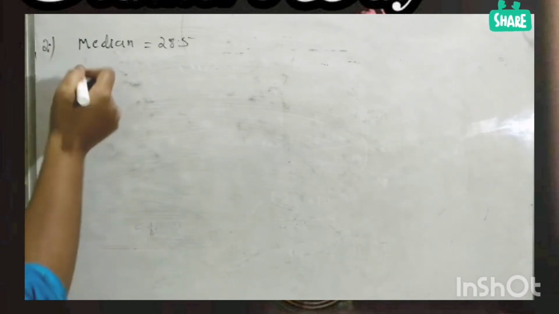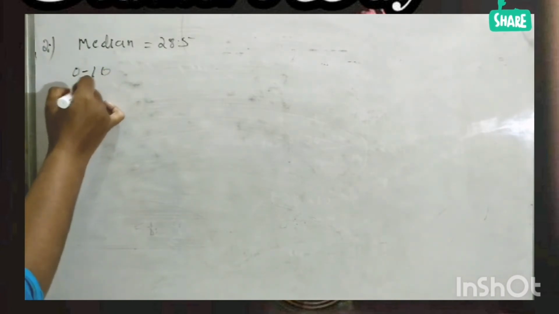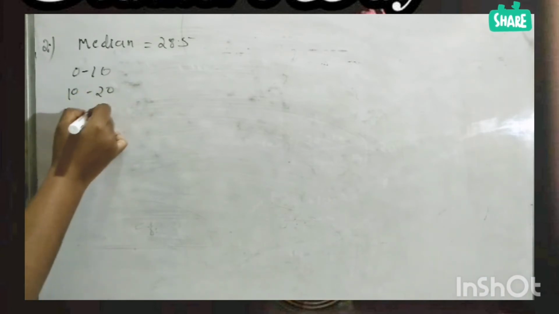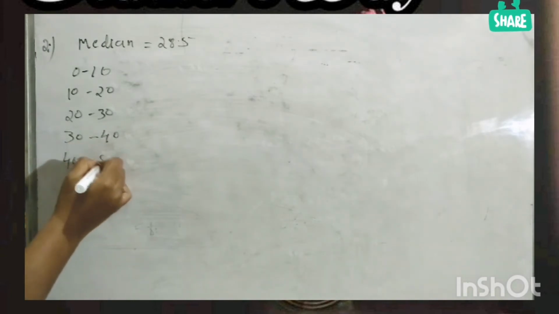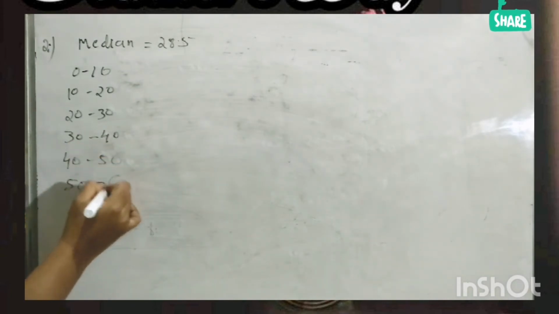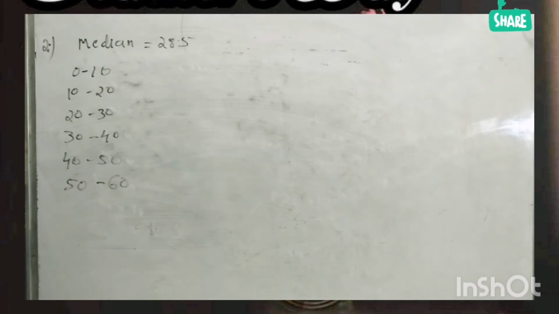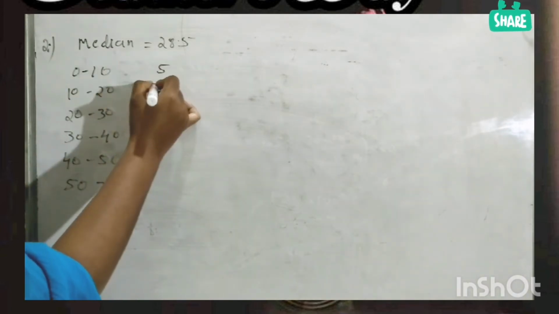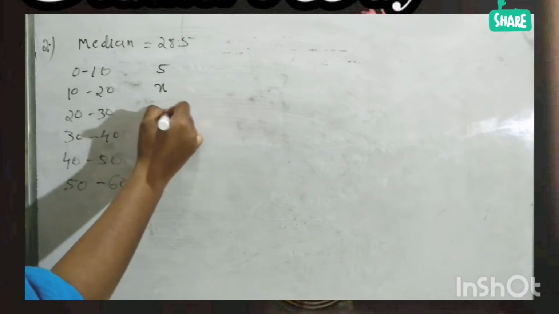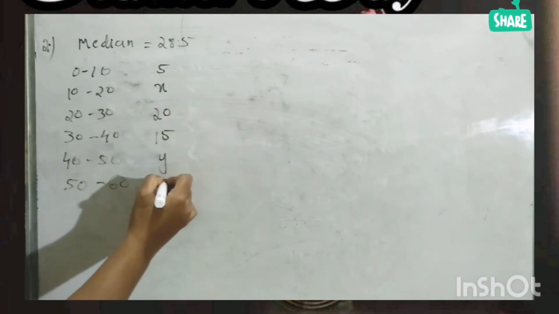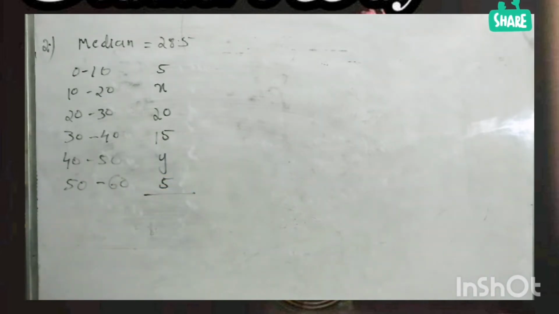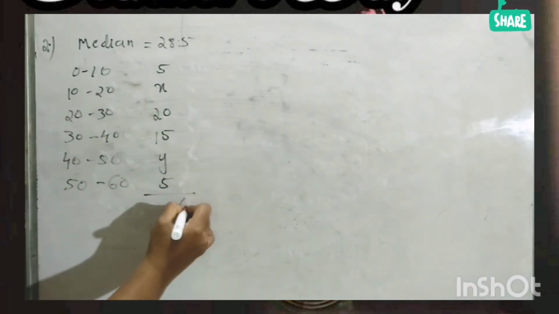So the given information is class interval is 0 to 10, 10 to 20, 20 to 30, 30 to 40, 40 to 50, 50 to 60. Okay, class interval, this is continuous, so no problem. And the frequencies are also given: 5, x, 20, 15, y, 5. The summation of this frequency column is also given in the question, that is 60.